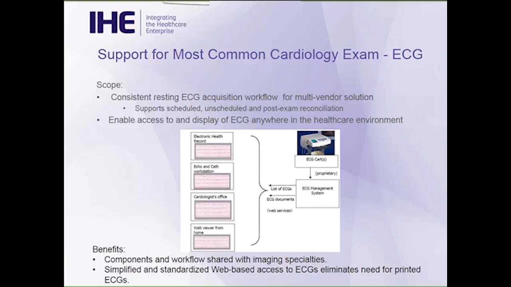Historically, this has happened by obtaining a copy of the paper-based record, but now this profile allows for the selection, retrieval, and display of ECG data on the same display system the cardiologist is working on, using the same patient context, providing all the relevant information about the ECG. And the display system could be either an EHR system, a cath or echo workstation, or a CVIS system, or some other web-based display application.